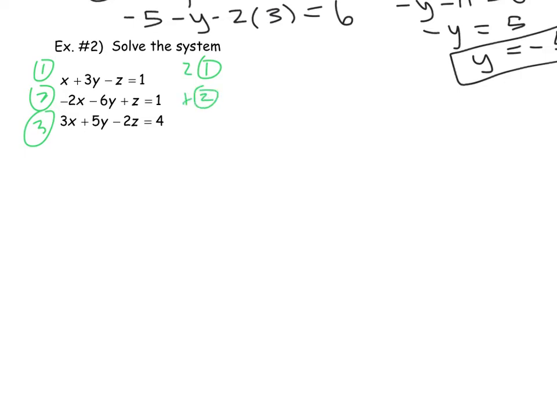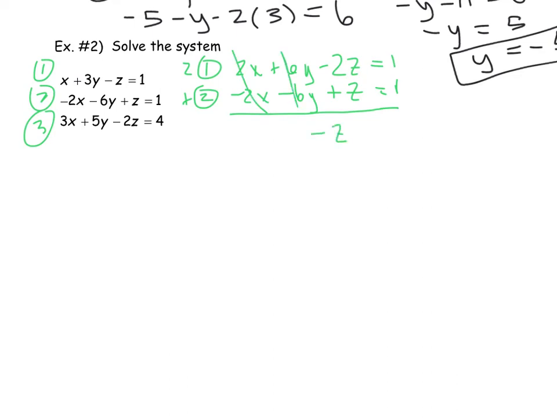Notice that I wrote that a little bit differently than I did before. So equation 1 multiplied by 2 is 2x plus 6y minus 2z equals 1. Then we're going to just add it to equation 2, so I'm just going to rewrite this equals 1. Now if you look here, we're going to get a gift. Yeah, it's not Christmas yet, but look. So you get negative z equals 2.